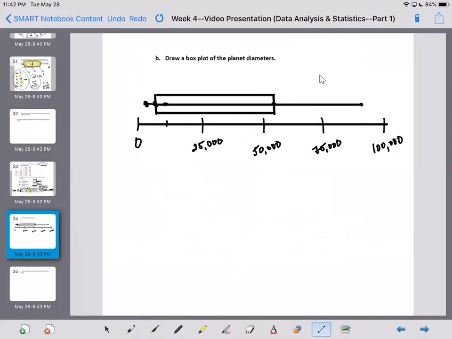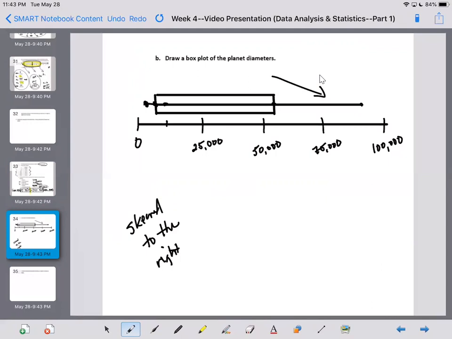This data distribution is what we would call skewed to the right, because the tail of the data is stretched to the right. That 88,000 is definitely Jupiter, and Saturn too; they really have skewed the diameter in this.